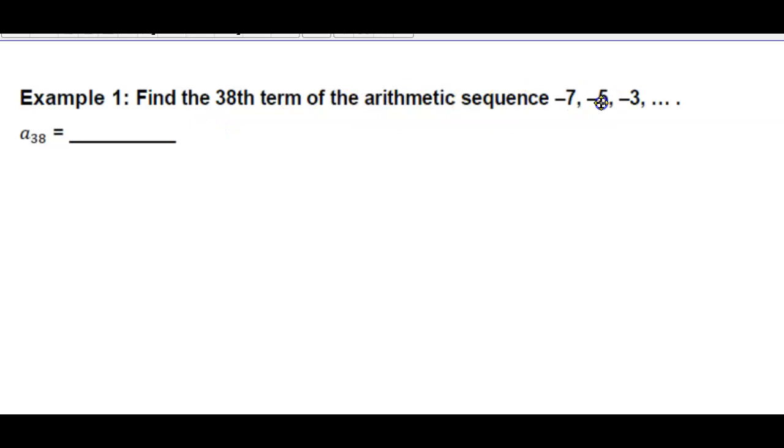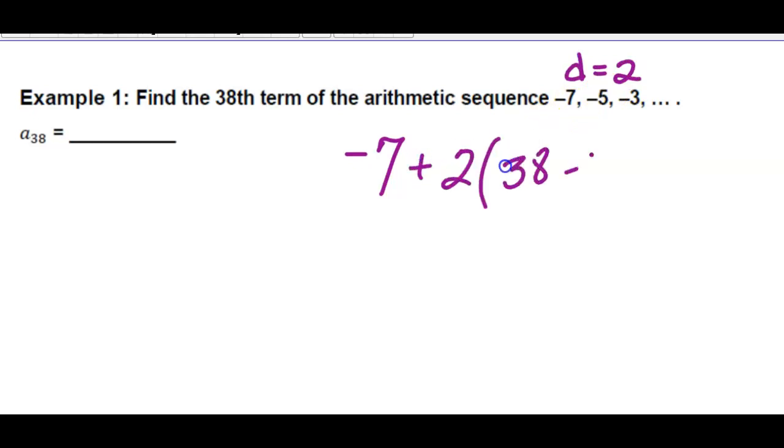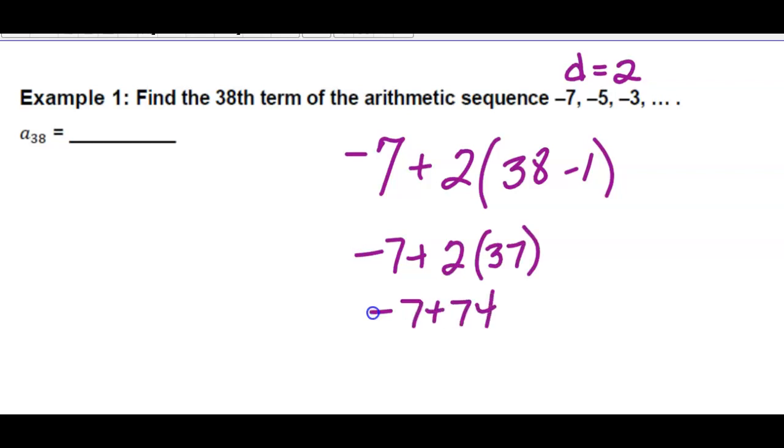Find the 38th term. We've been doing this on Monday. You have a first term of -7. The difference here is they are adding 2. So you would say I need to add 2, 38 minus 1 times, or -7 plus 2 times 37. It's -7 plus 74.